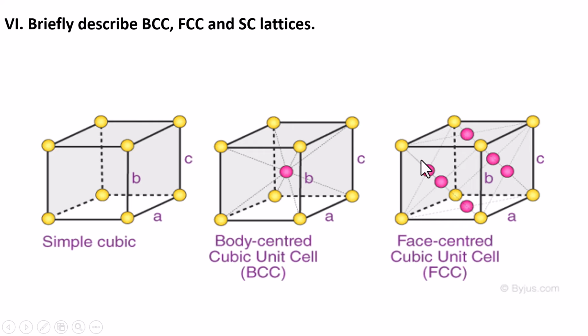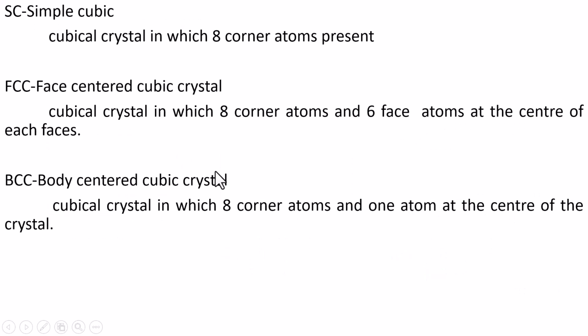And in face-centered, the net number of atoms is 4. Simple cubic has 8 corner atoms. FCC has 8 corner atoms and 6 face atoms at the center of each face. Body-centered has 8 corner atoms and 1 atom at the center of the cube.